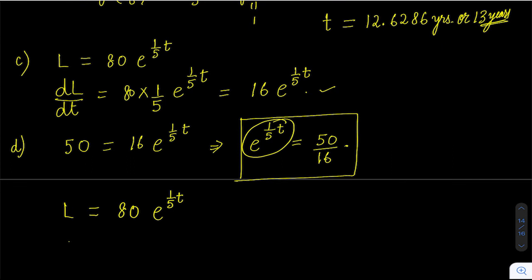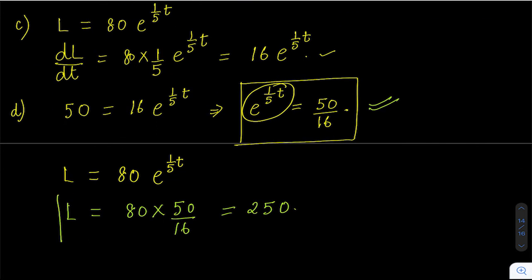I will get L as 80 times 50 over 16. So this will be nothing but 250, which is my answer. I hope everyone understands this. This is the answer for my D part.